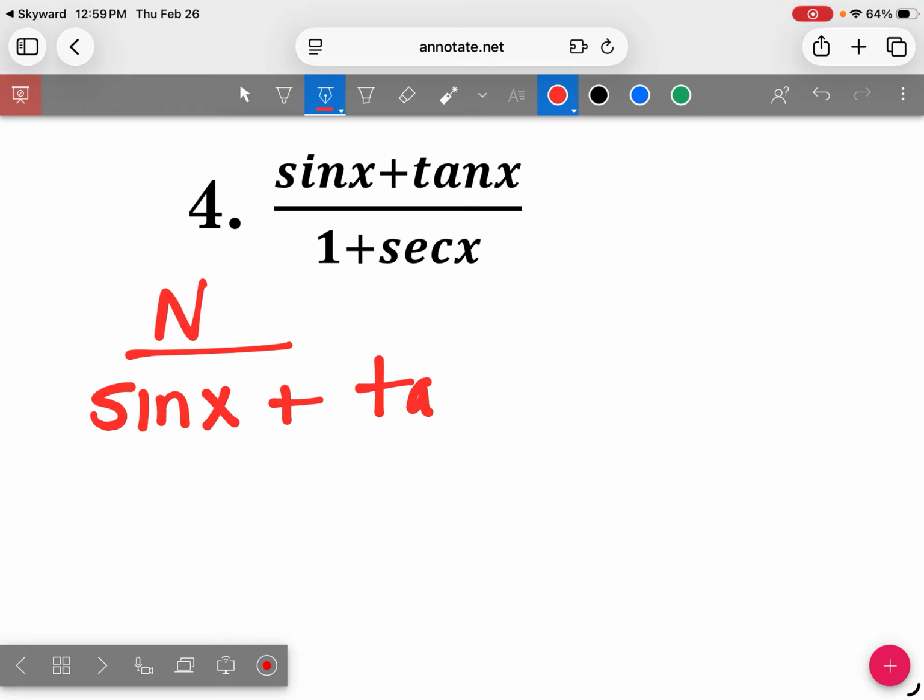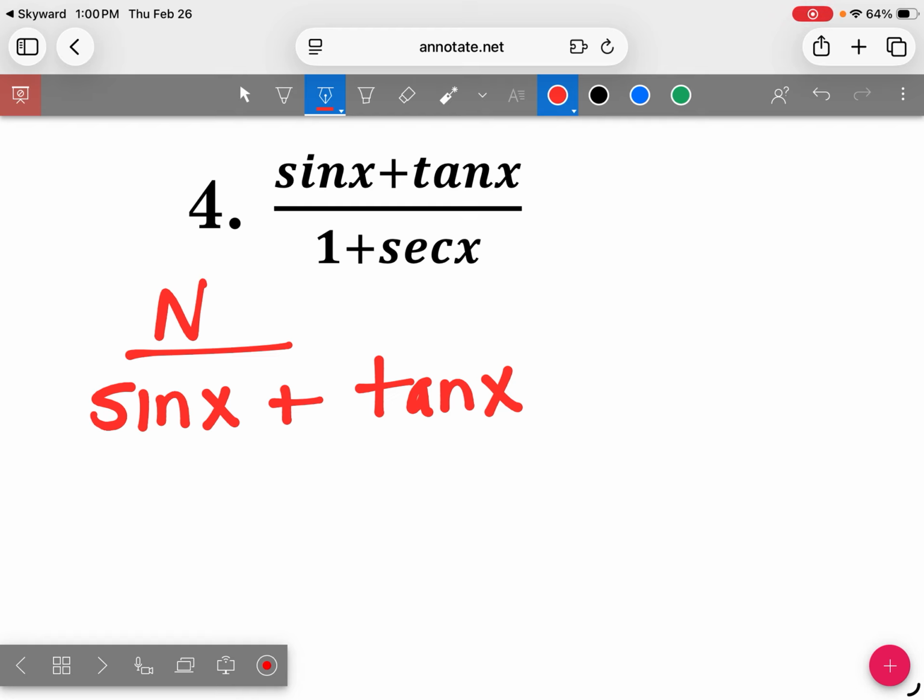Let's work with this first. Now, what does tangent equal? Somebody besides Robin. What does tangent equal? Do we agree? Sine over cosine.